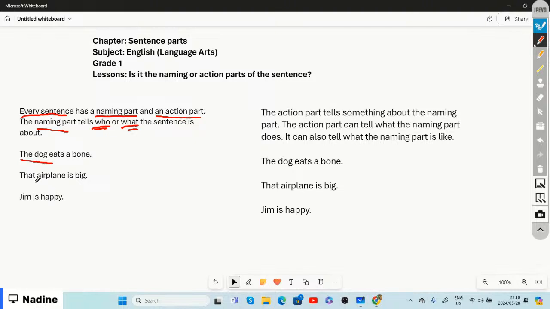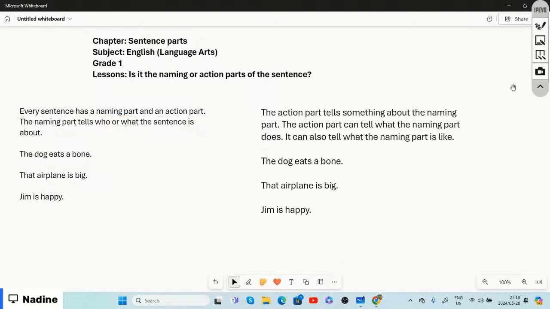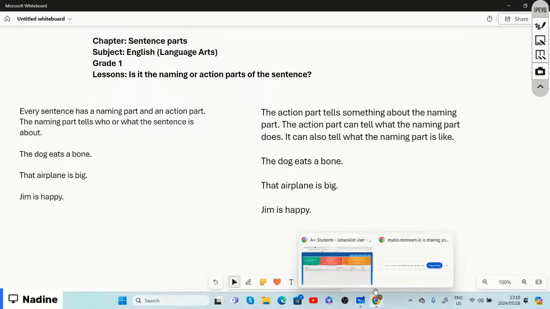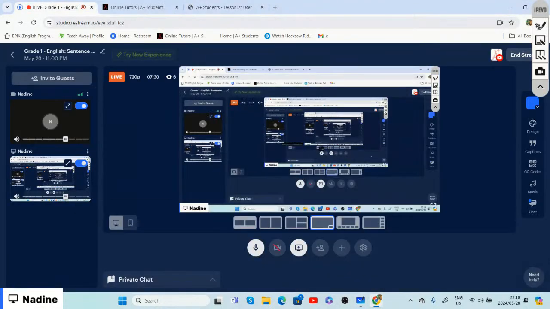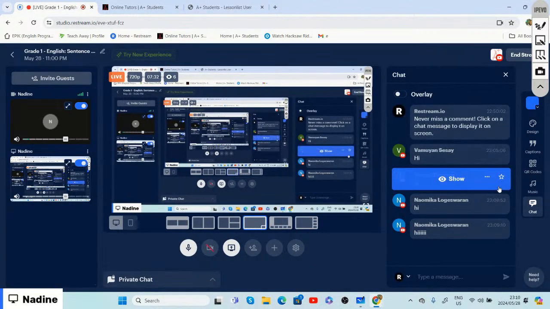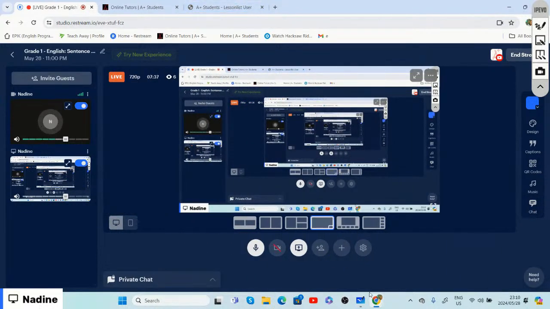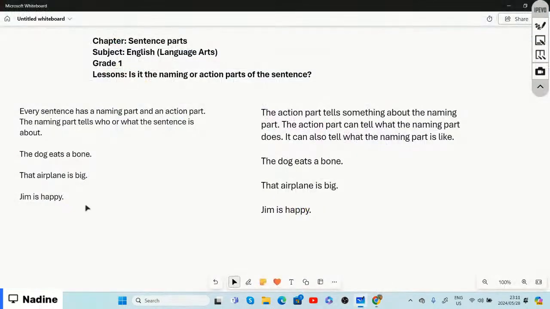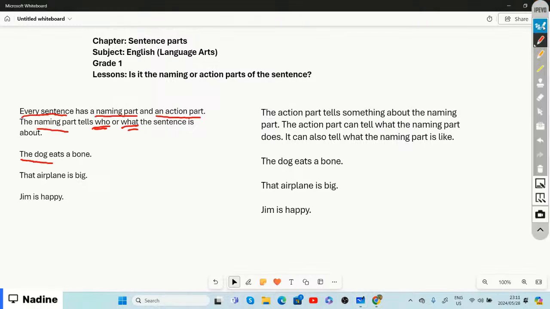If we look at the next sentence, it says that airplane is big. So now we need to ask ourselves who or what the sentence is about. And we would say it's that airplane.